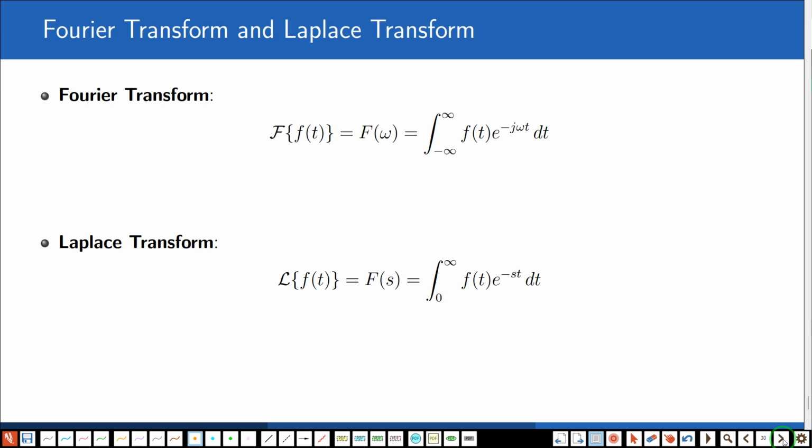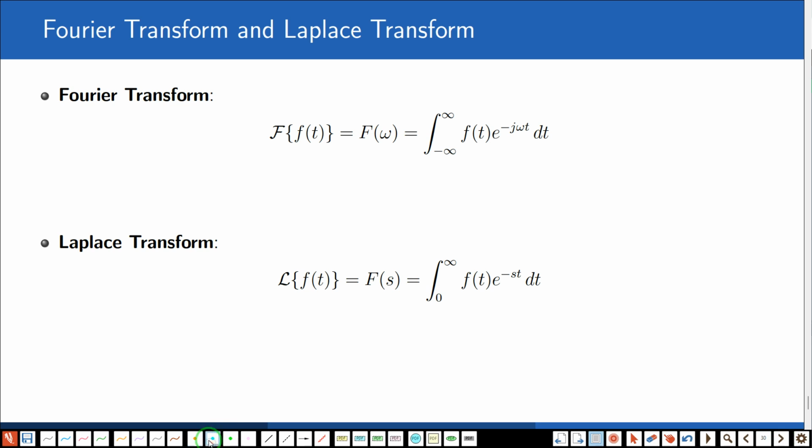It is the same for the Fourier transform. That's an extension of the Fourier series for non-periodic functions, and it includes all of the possible frequencies, but it analyzes functions which only have oscillation behavior.